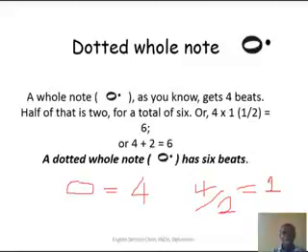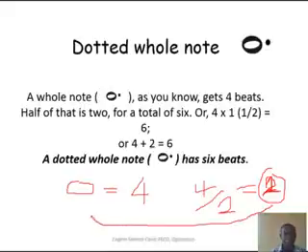Now, after obtaining your 2, you will add it to the value of the note you are dotting, and that is going to give you 4 plus 2, making what? Making 6.